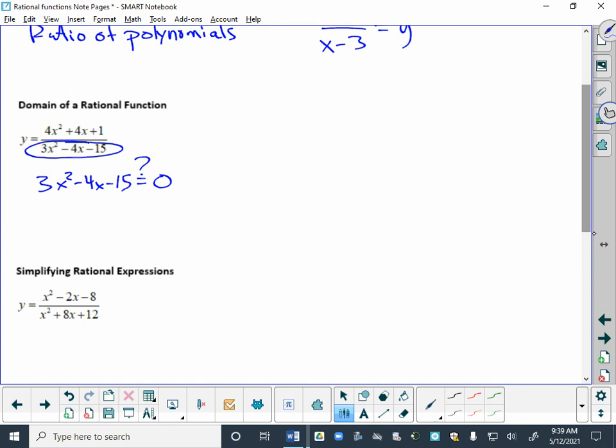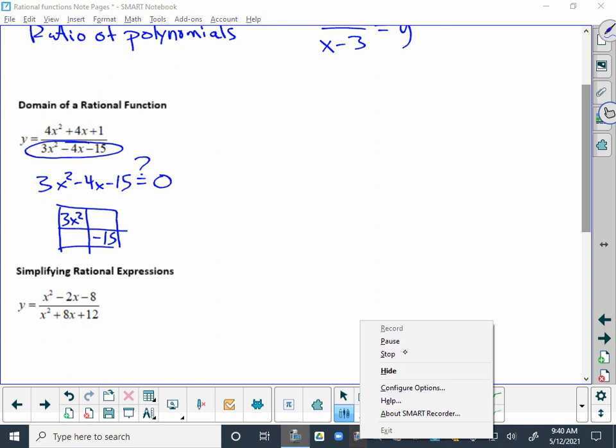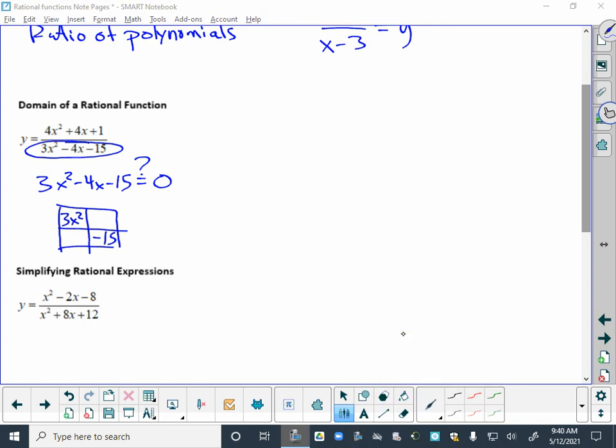So the way we would find if there are is to try to factor this. Fairly small box here, but we'll go for it. 3x squared and a minus 15. We go up to the side here, 3 times negative 15. We multiply the 3 and the negative 15. We're looking for two numbers that multiply together to give us negative 45, but add together to give us negative 4.